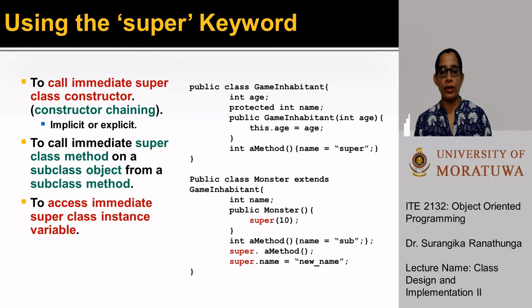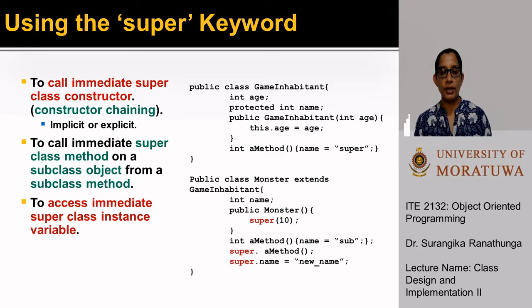Similarly, if you want to access a method, for example, in the Monster class, now I want to access the aMethod of the GameInhabitant class. So we can say super.aMethod. Now you might wonder why I have to use super, because earlier we said we don't have to.